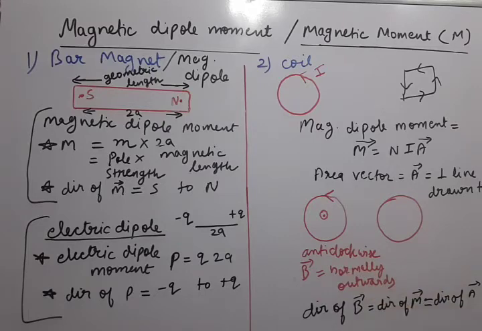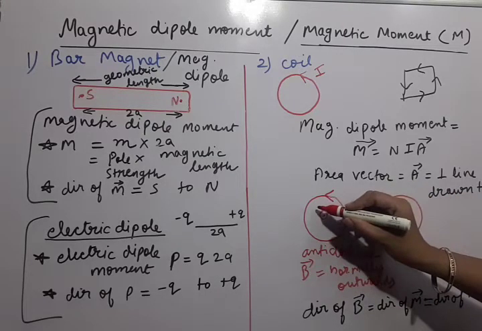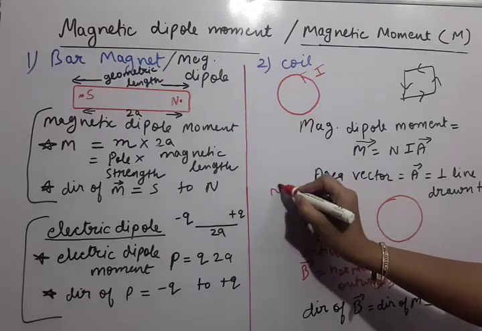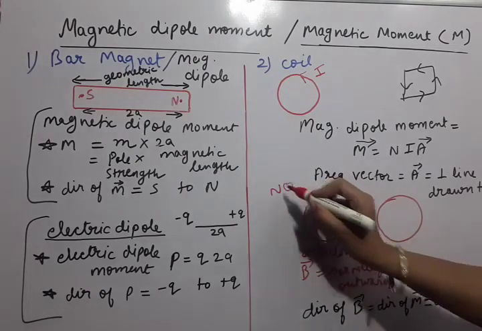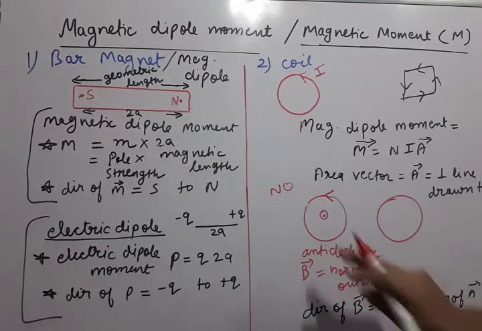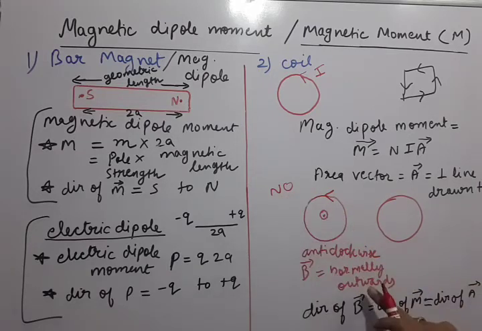I have discussed this before also by this technique: anti means N pole, and this circle means O. So NO, normally outwards, is the direction which you have to remember.